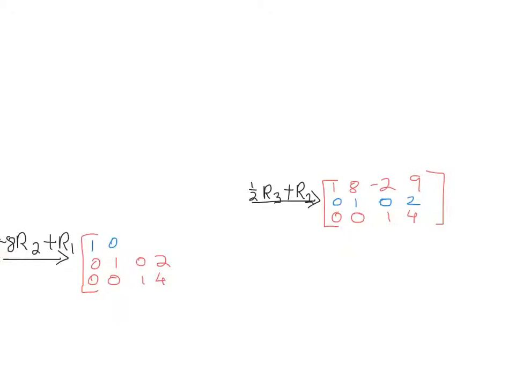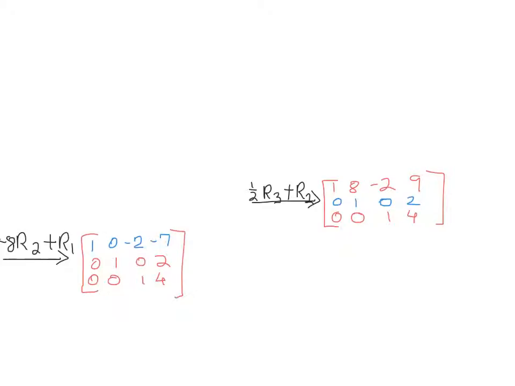Negative 8 times 0 is 0 minus 2, negative 2. Negative 8 times 2 is negative 16 plus 9. Negative 7? Negative 7. Okay. So far, so good.